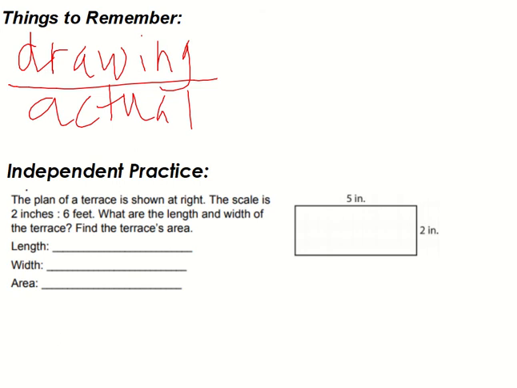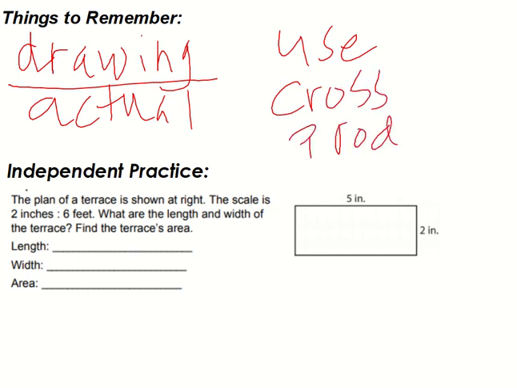They always give it to you as drawing over actual. Okay, and then use cross products would be the other thing that has to be remembered, using cross products. Okay, that's the multiplication like this.